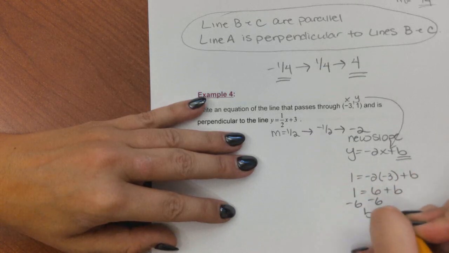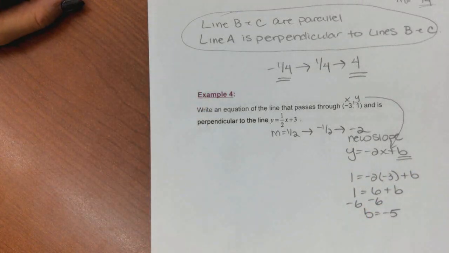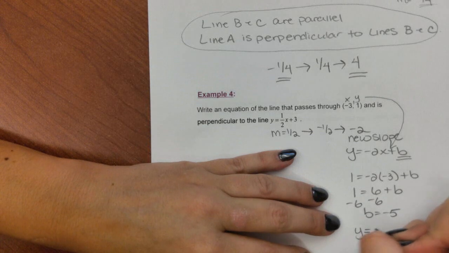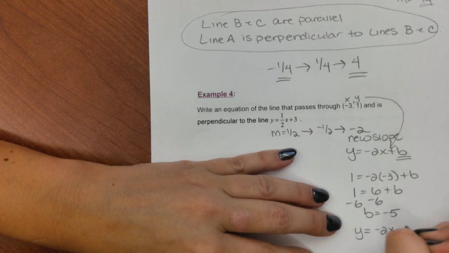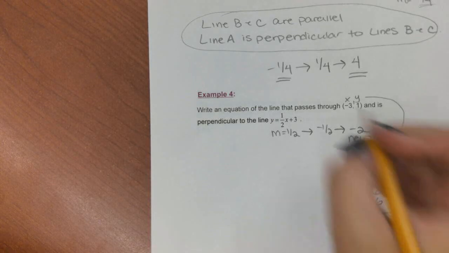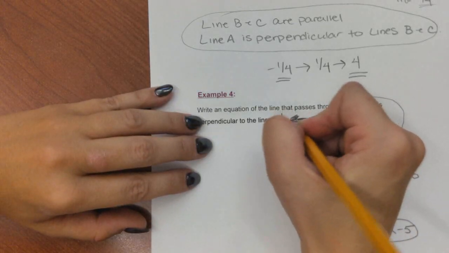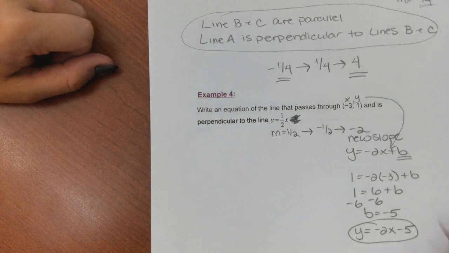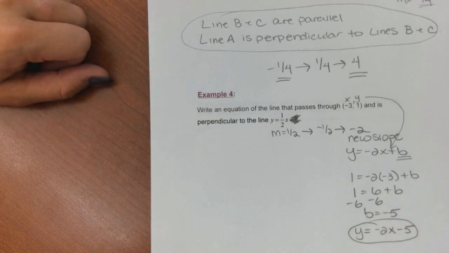And b will be negative 5. So my new equation is y equals negative 2x minus 5. Remember, I'm not using this y-intercept. That's for that line. I have a new line. I have to substitute to find my y-intercept.